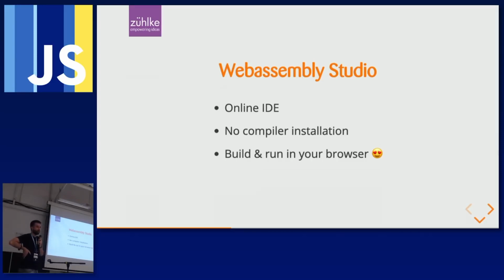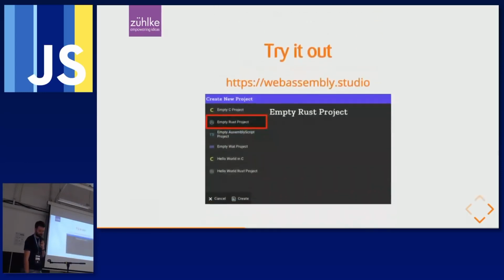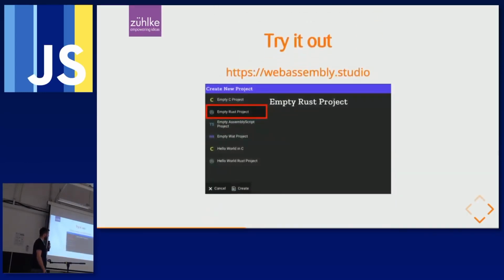It is an online IDE that allows us to write Rust or C, or I think there's also AssemblyScript, but we are going to use Rust today. So we can write our code in there and directly compile and run it from there, which is amazing in my opinion. So if I can ask you all to try to go to that URL.